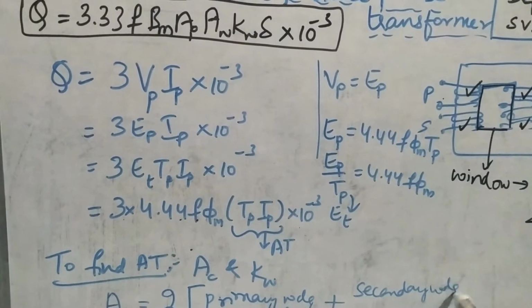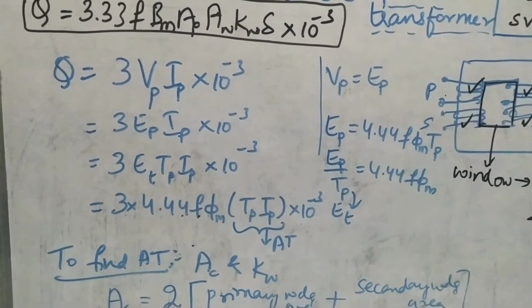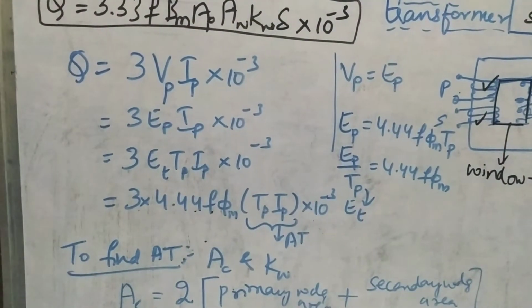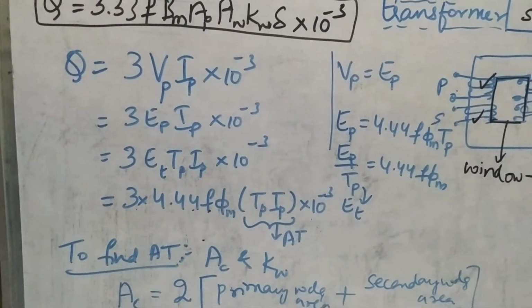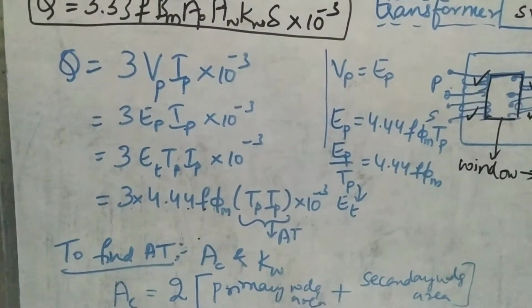So we will get 2 times the number of turns TP into AP plus TS into AS.